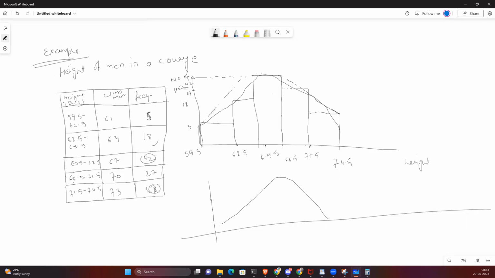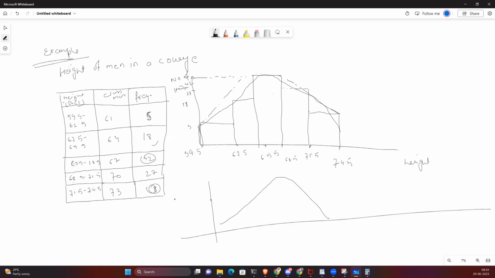Now what I can say, if I'm going to calculate the mean, okay, let me tell you, what is the total number of students we calculated?